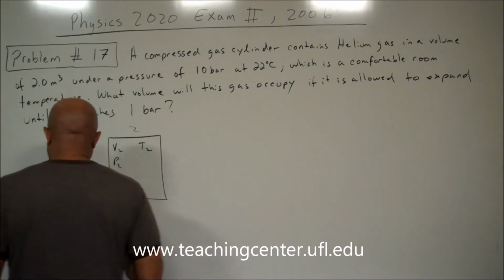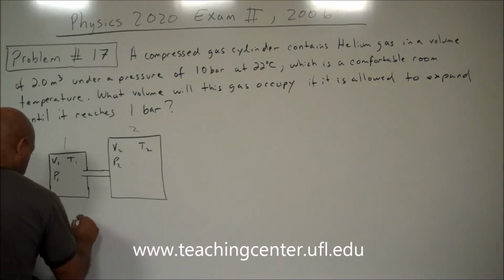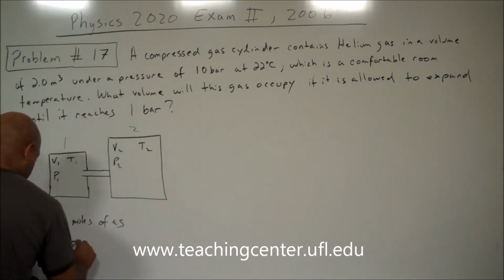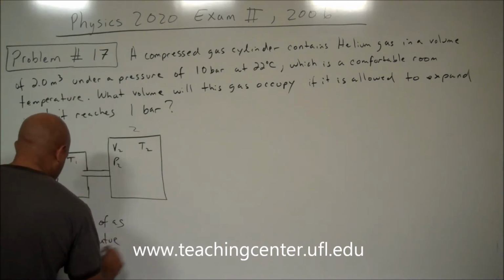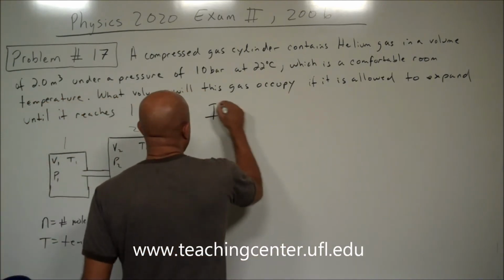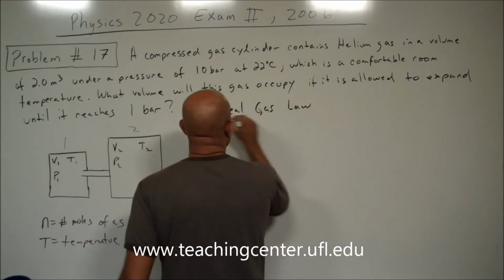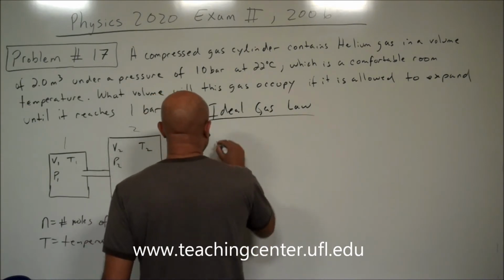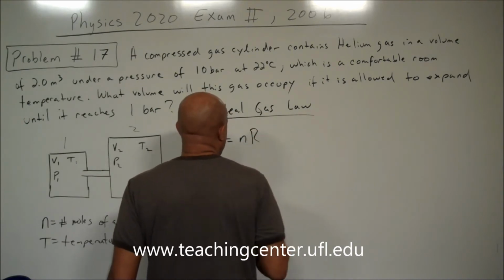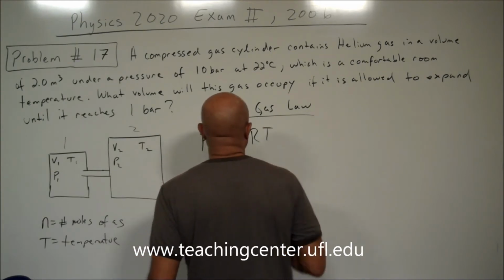So if we let N equal the number of moles of gas, and T equals the temperature, V equals volume and P equals pressure, we can use the ideal gas law, which says that the pressure times the volume is equal to the number of moles of gas times R, the ideal gas constant, times the temperature.